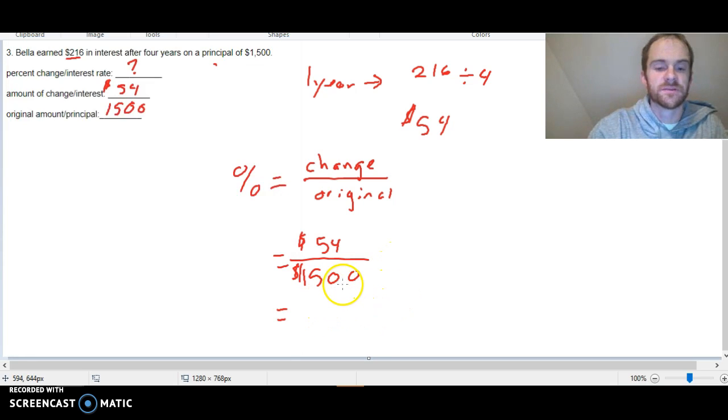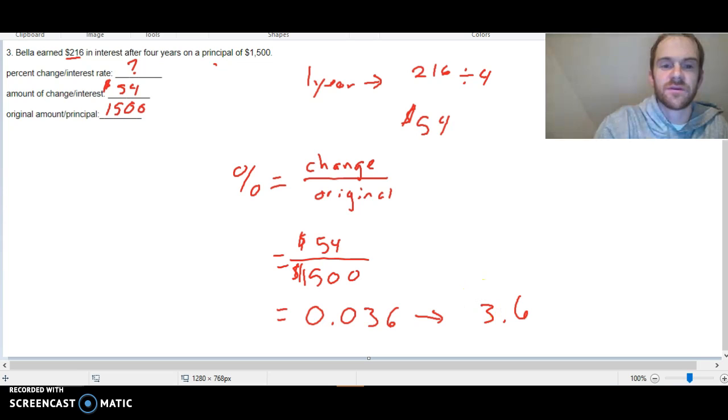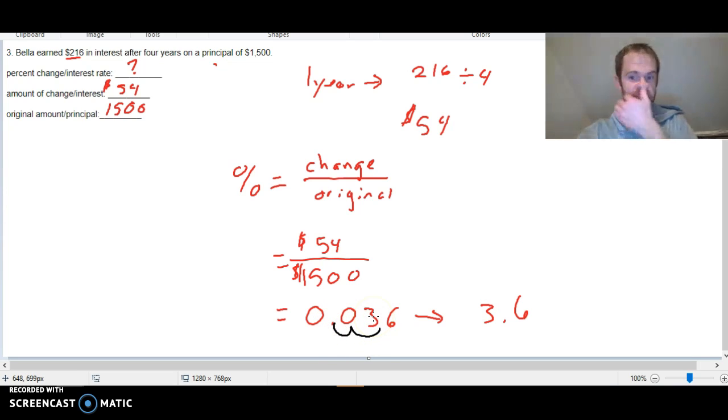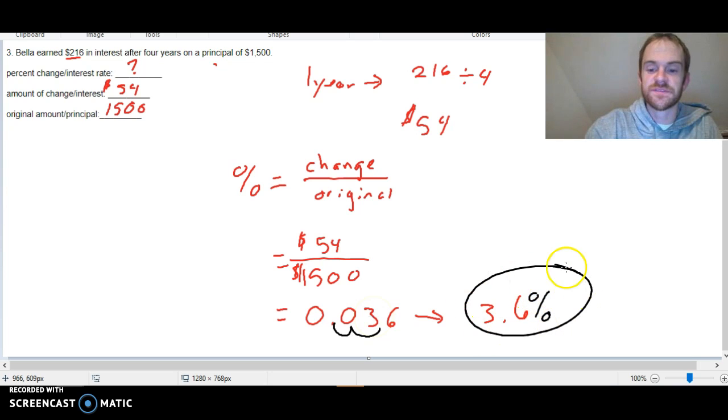So I know my interest rate, 0.036. Writing that as a percentage, I would write that as 3.6, because remember, I multiply by 100. I moved the decimal twice to the right. So then that's a 3.6% interest rate.